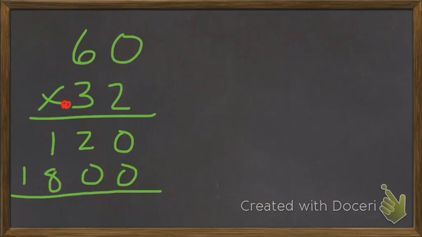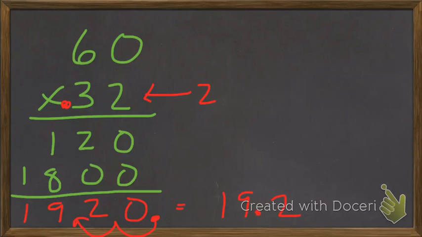We're just going to add this together. We get 1,920. But I have 2 places here, so I need to move my decimal 2 places to the left. My decimal, like I've told them, is always at the end of the number. Move it 2 places, 1, 2, and it'll be 19.2. We never have the 0 at the end of decimals. We get rid of them.